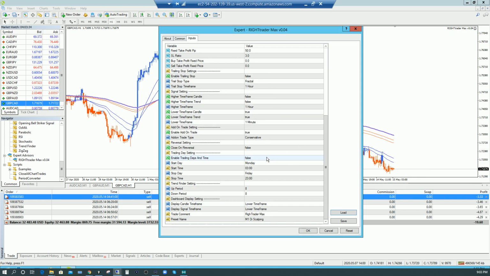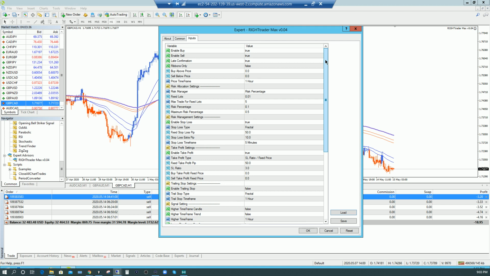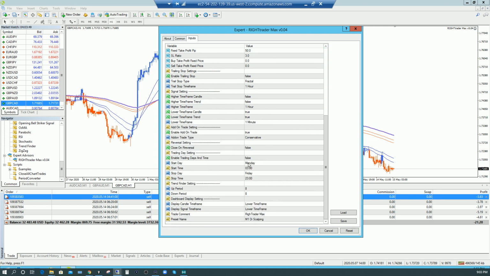So let's do buy only. I'm going to set it sell only. Okay, buy only. Let's go ahead and take a look here. I'm going to be trading the 1 minute time frame.